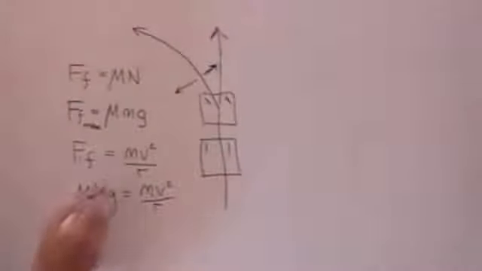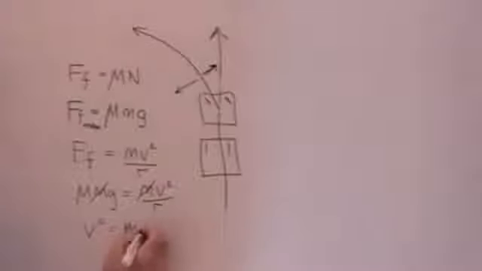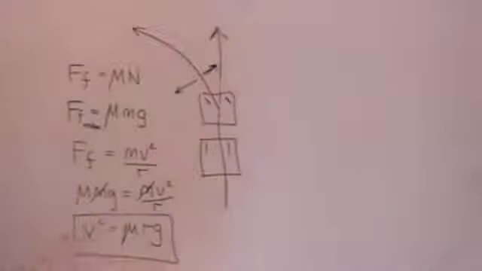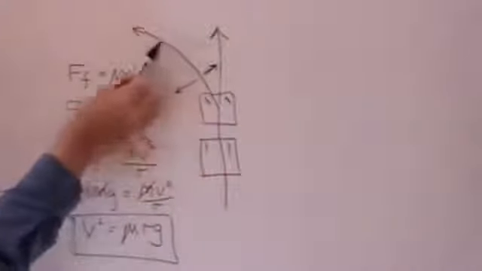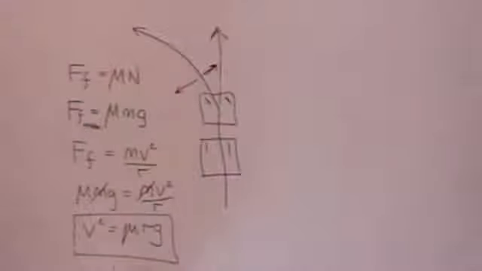You'll notice that the m's cancel, and that gives us that v squared is given by mu rg. So the maximum velocity, because this is the maximum frictional force that can be provided, the maximum velocity with which you can turn round that corner is given by the square root of mu rg.